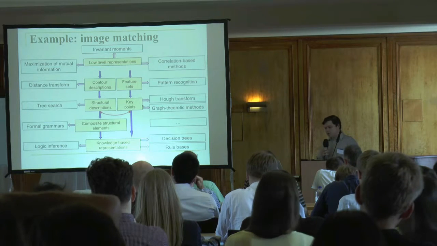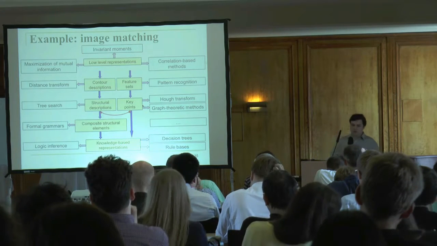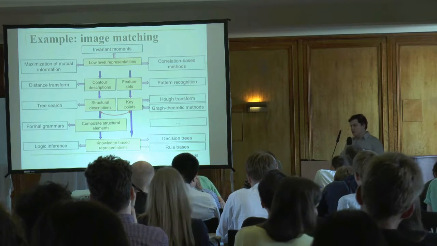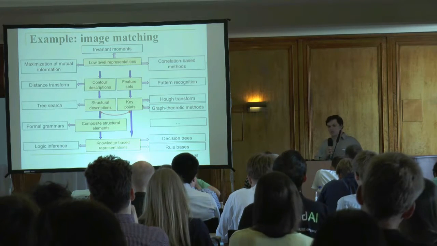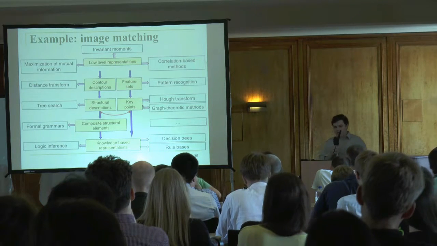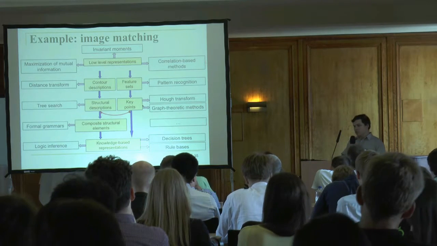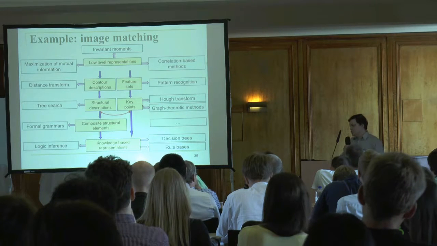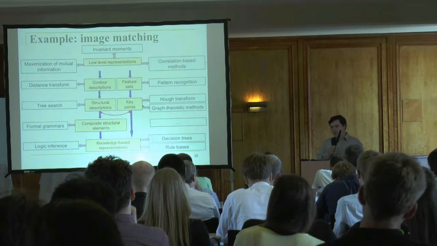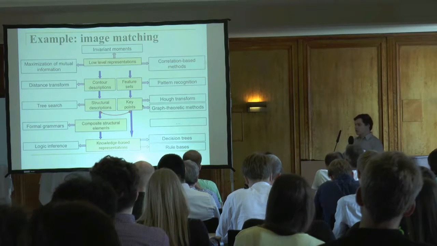So there are image matching methods which work on low-level representations, for example, Fourier-based and mutual information maximization-based methods are low-level methods. There are contour-based matching methods, structural-based matching methods, and so on.